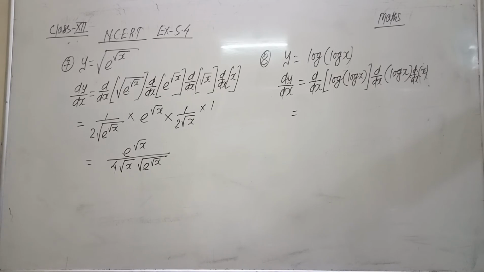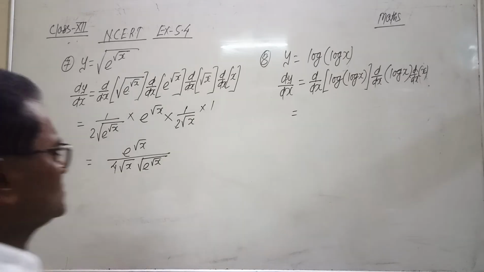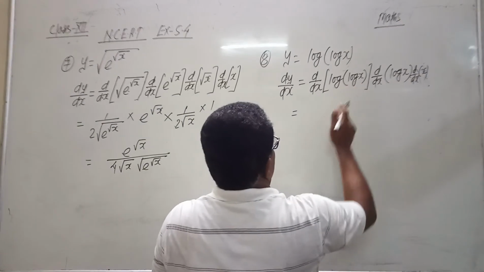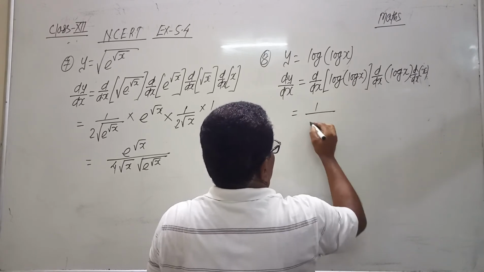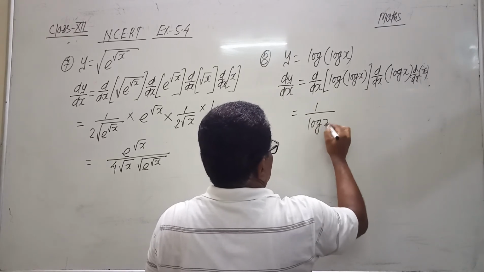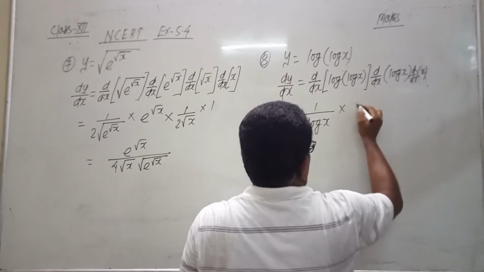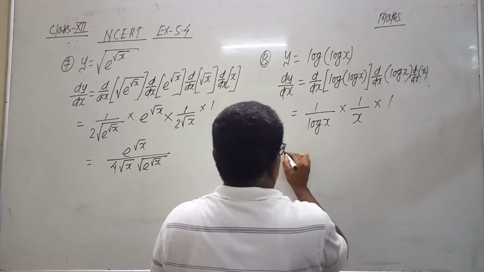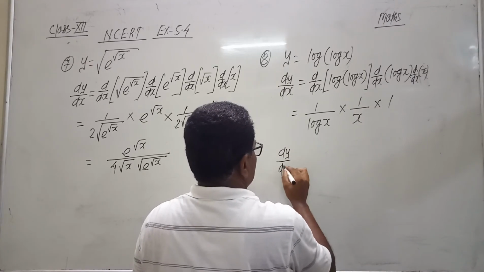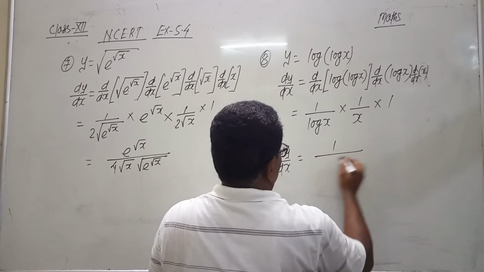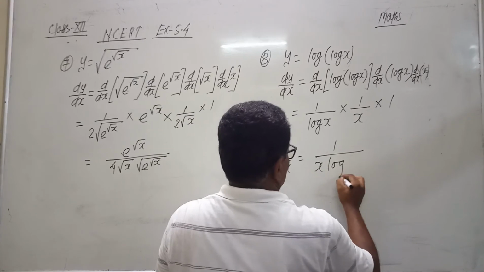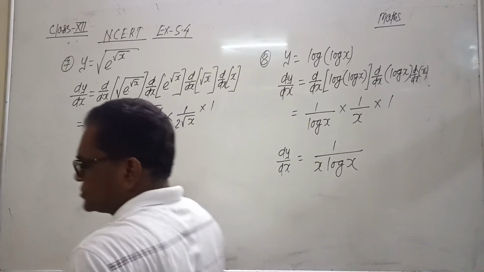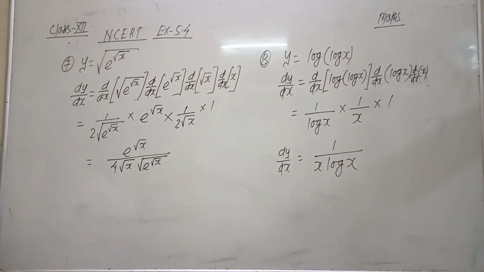At the place of x, here is log x. So differentiation of log x is 1 by x, means 1 by log x. And differentiation of log x is 1 by x, and differentiation of x is 1. So dy by dx comes to be 1 by x log x. The result is 1 by x log x.